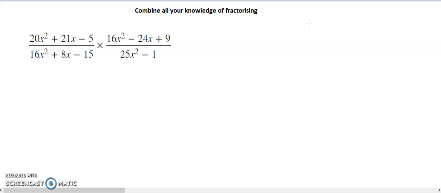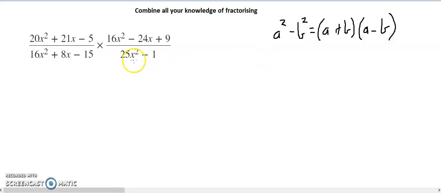And I can see that I can get that using the difference of two squares rule, which is a squared minus b squared is equal to a plus b and a minus b. So if that's the case, I want to change 25 to make it 5.